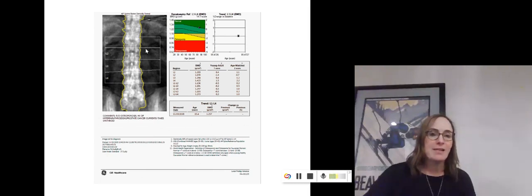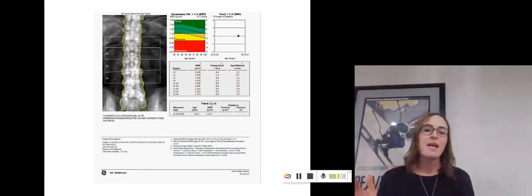I can tell you, I have seen some funky bone density tests, and when I go look at the imaging, this square was put on the incorrect spine, which is why I had such variance among my 2 bone density results. So if you get a bone density and it's vastly different from the last one and the patient's on treatment, make sure that the ROI lines were placed correctly.